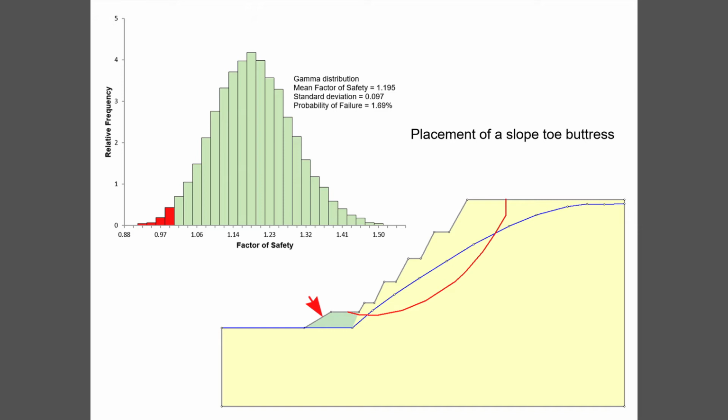So the failure surface actually emerges now above the toe of the slope, passing marginally through the waste dump, and the factor of safety is increased to almost 1.2, and the probability of failure reduced to about 2%. So that's a very effective solution. And in each situation, you have to go through this kind of scenario analysis and determine what is possible in your situation and what is most effective and most economical.